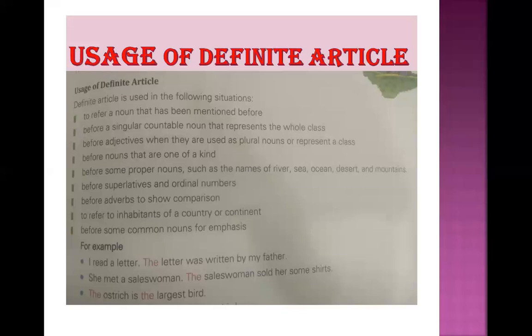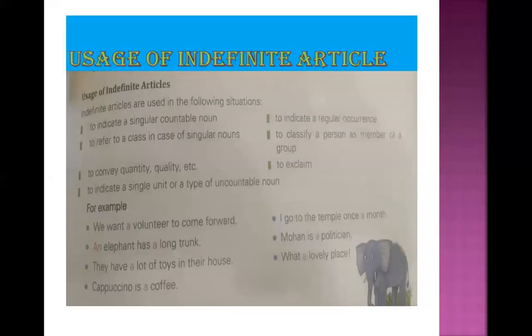The saleswoman sold her some shirts. The ostrich is the largest bird. You can see I am specifying on the things here. When I am specifying on something, then the is used and that is the definite article.